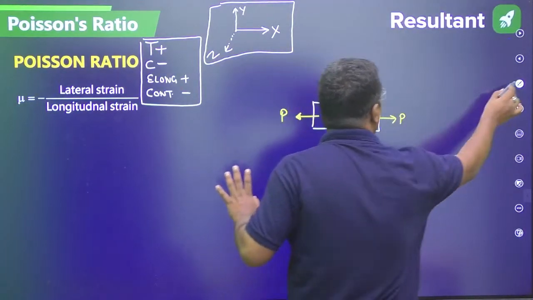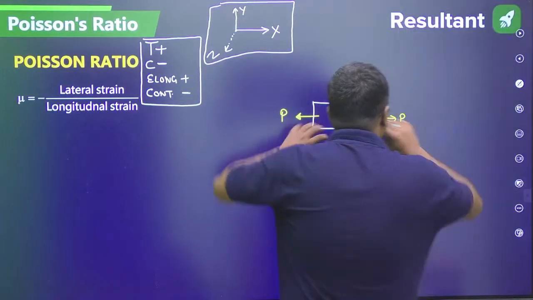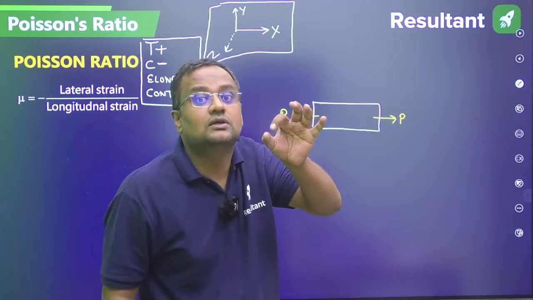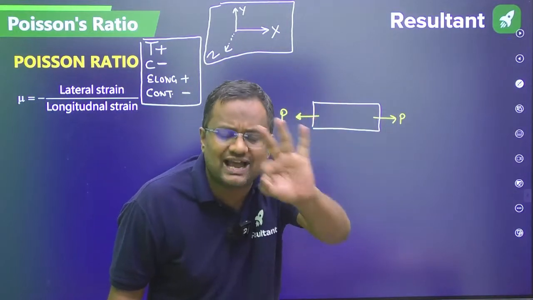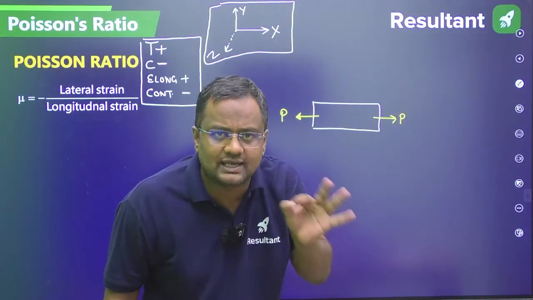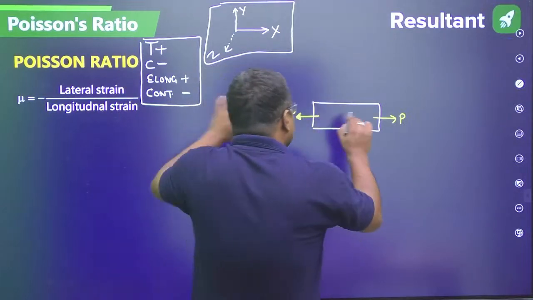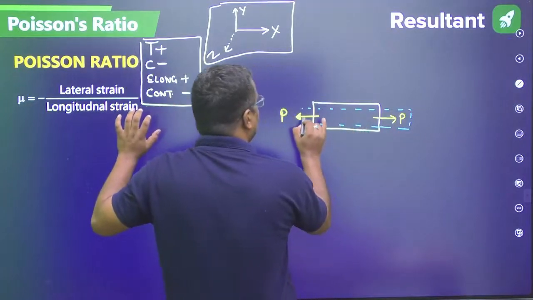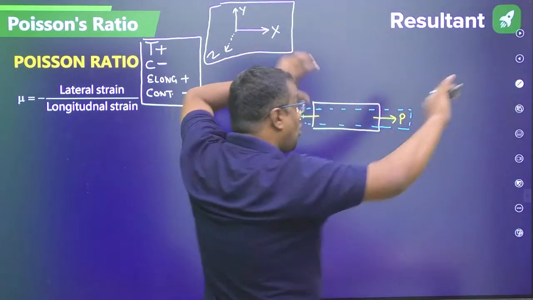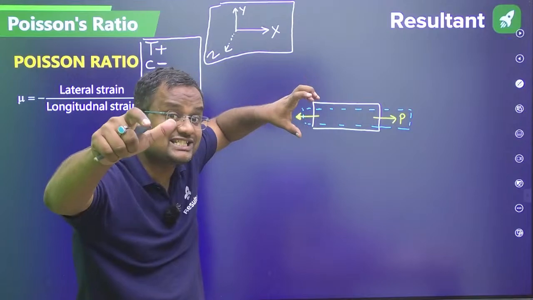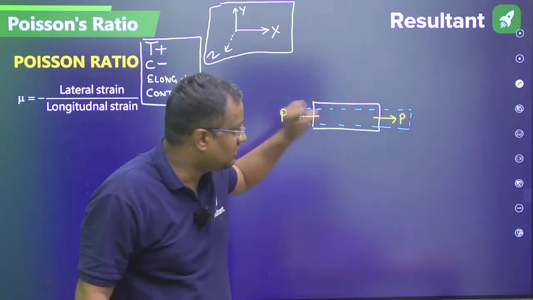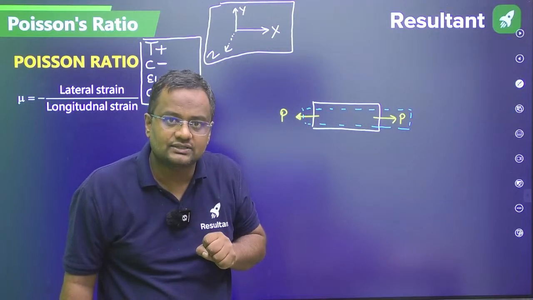Due to this force, there will be extension in this direction, the x direction, but simultaneously, most of the times, not always, I will give you the reason why I am not saying always, if it is elongating here, it is contracting in the other direction.